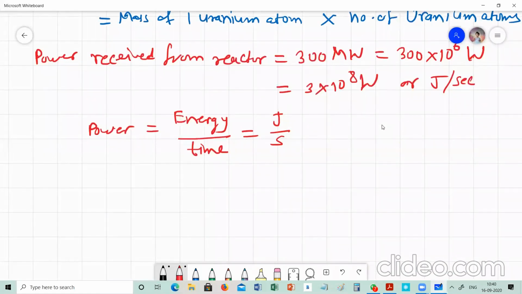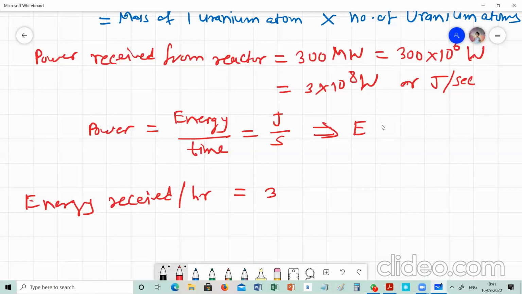So we have to convert this power developed by the reactor into energy. So energy received per hour, from this formula, E is equal to P into T. Power into time is energy. 3 into 10 raised to 8 watt into per hour means, an hour contains 3600 seconds.